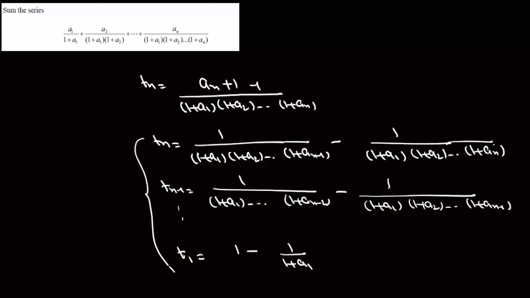Now if we add them all up, all these terms they'll cancel. So the value of this series will be 1 minus 1 upon (1 plus a1)(1 plus a2) up to (1 plus an).